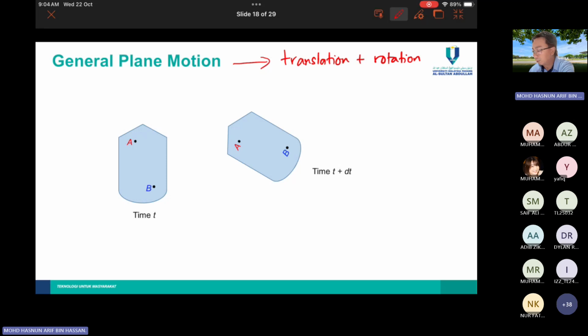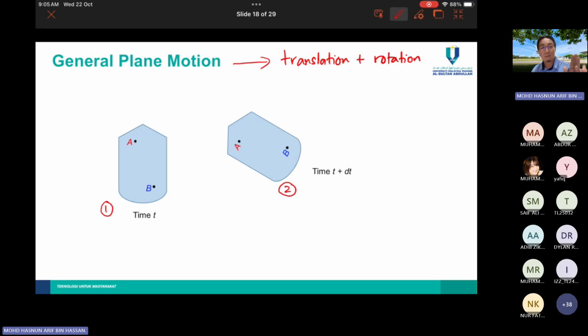That is what general plane motion means. Okay, so if you look at this blue object here, it starts from this position. Let's call this position number 1. And it has moved to this new position, position number 2.